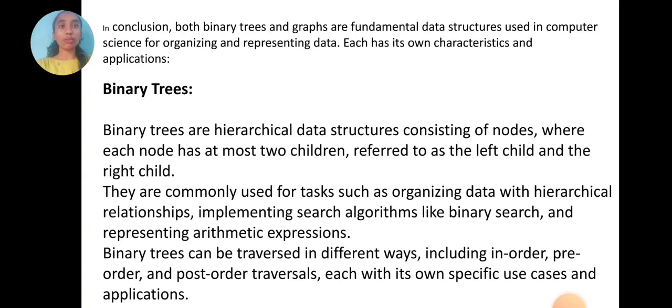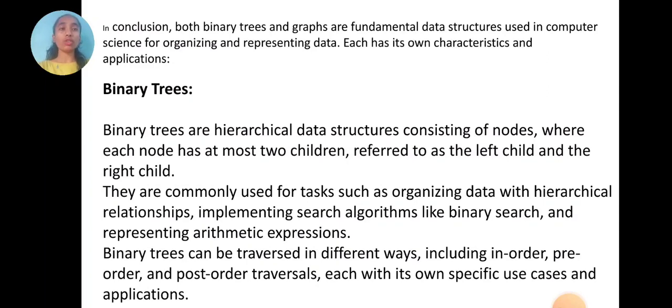In conclusion, both binary trees and graphs are fundamental data structures used in computer science for organizing and representing data. Each has its own characteristics and applications. Binary trees are hierarchical data structures consisting of nodes, where each node has at most two children, referred to as a left child and right child.